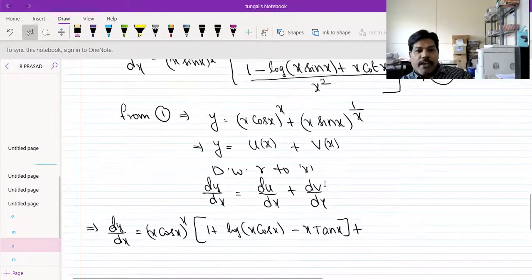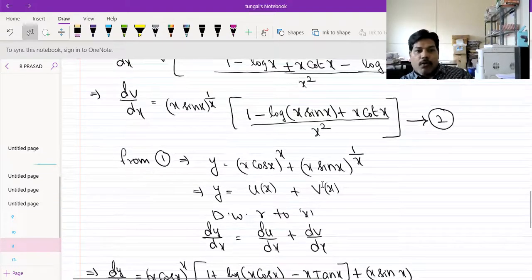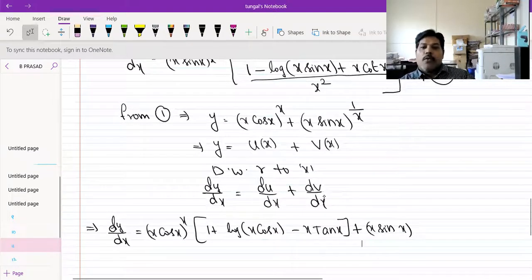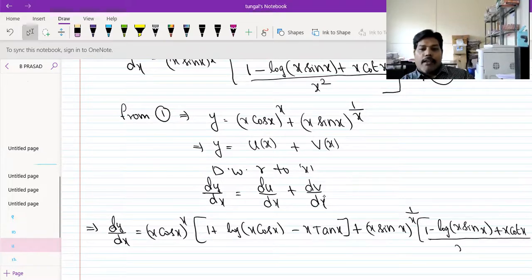dv by dx, just now we calculated, students. So what is that one? (x sin x)^(1/x) into 1 minus log of x sin x plus x cot x, whole by x square.